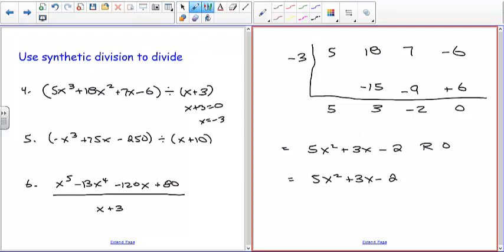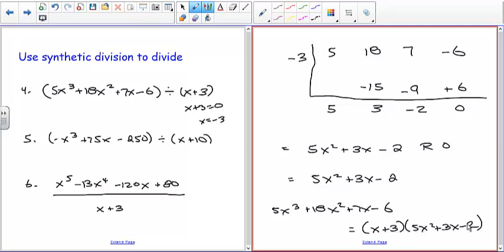So another thing that you can say is that the original numerator here is going to be equal to the factor that we had here, x plus 3, times what I have left over, which is 5x squared plus 3x minus 2.